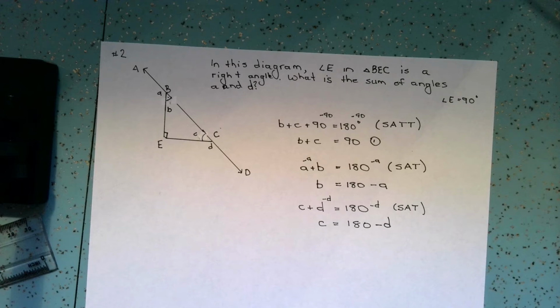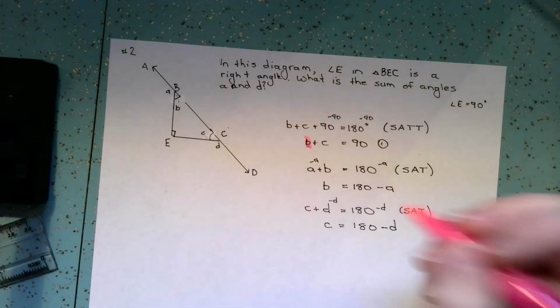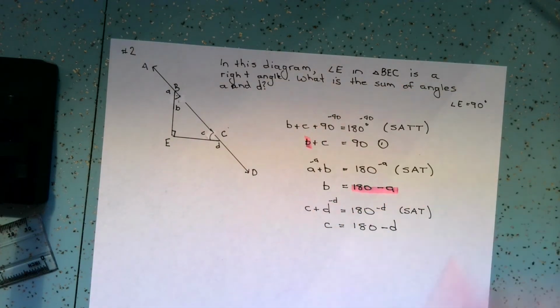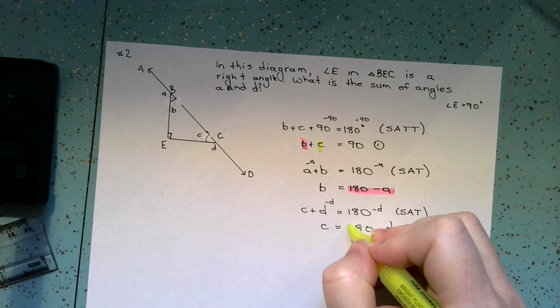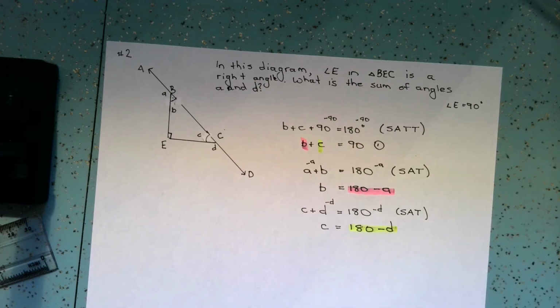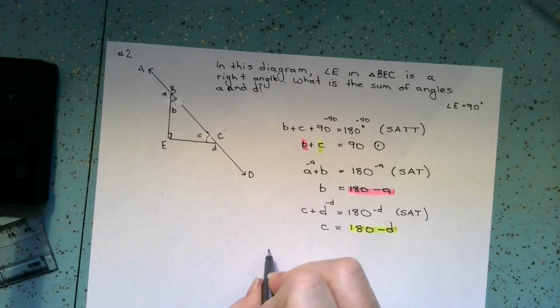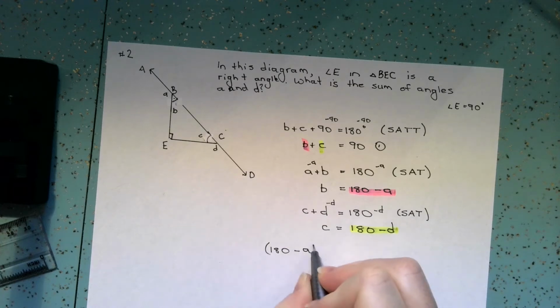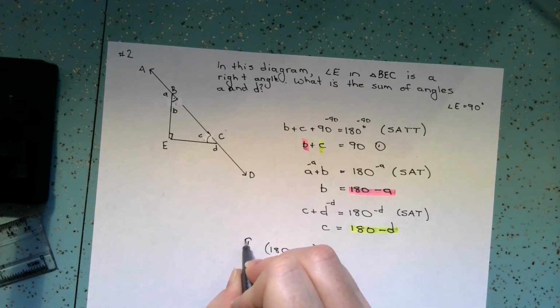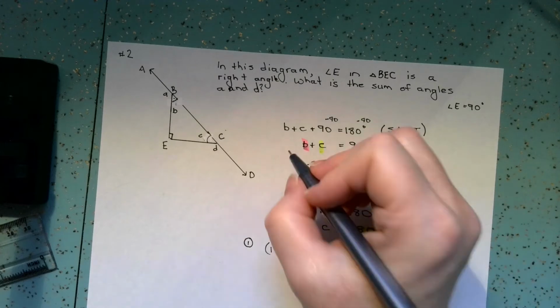So I know that B, right up here, is equal to 180 minus A, and I know that C is also equal to 180 minus D. So I'm going to go ahead and substitute those into that equation. I'm just going to write equation 1 right here so you know where I went to. It's this one right here.